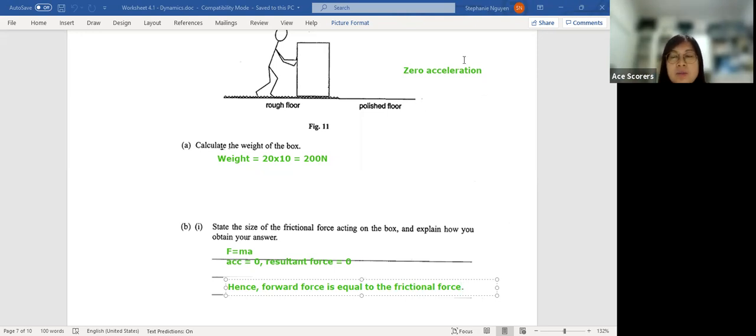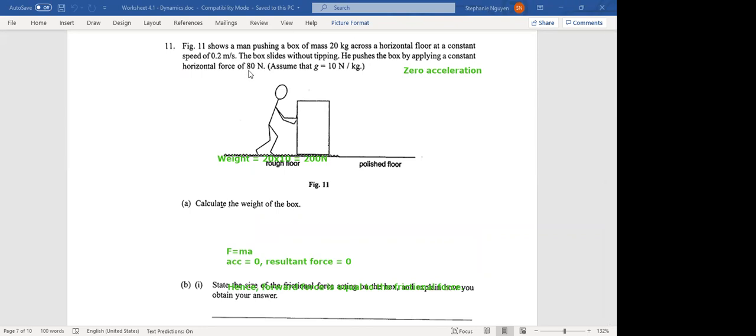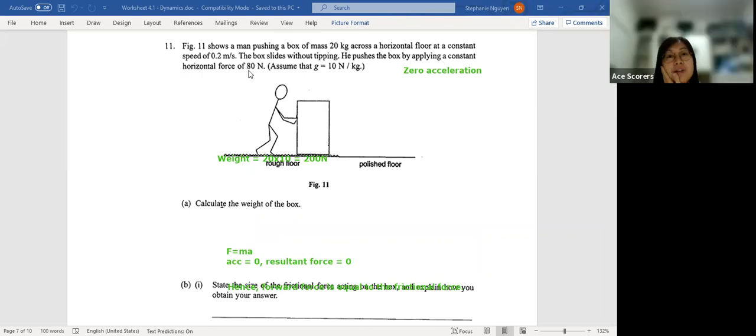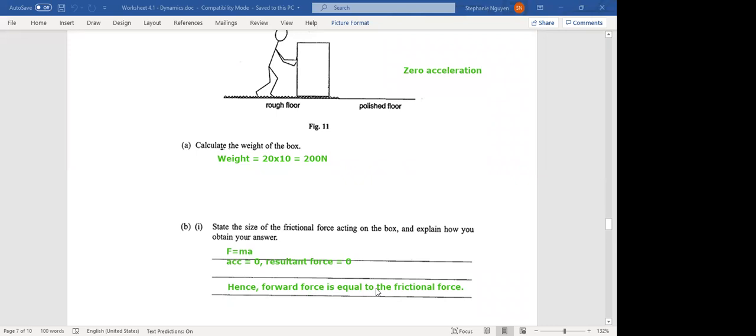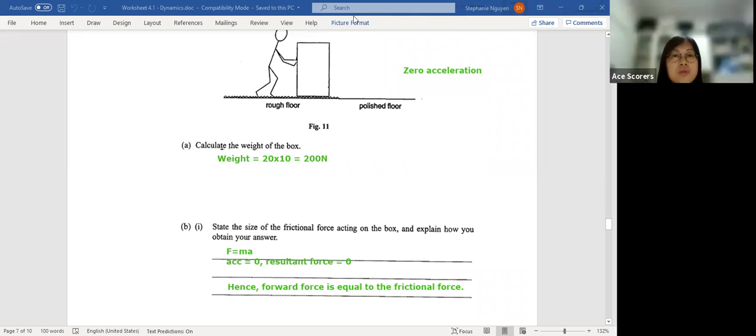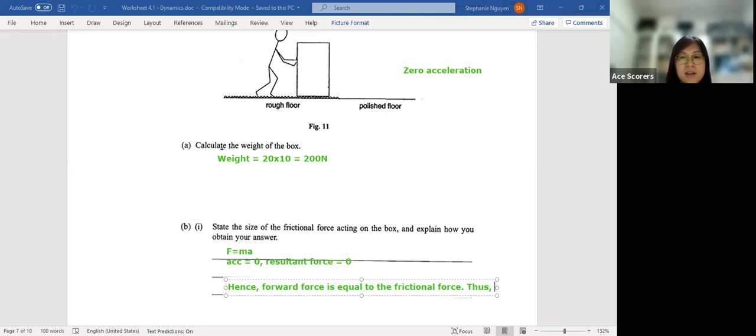So the question says, what is the pushing force? You see, he pushes the box with a force of 80 Newton, right? Friction is 80. Correct, you're right. Okay, so friction is also 80, because the forward force is equal to the frictional force. Right, so thus the frictional force is 80 Newton.